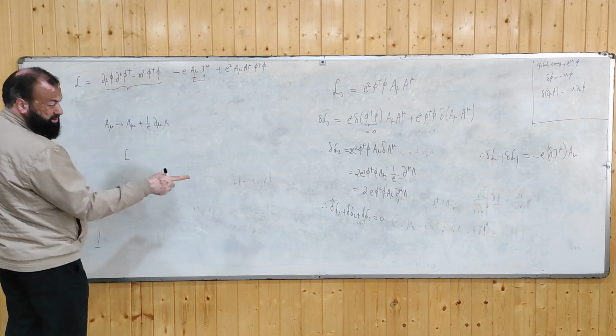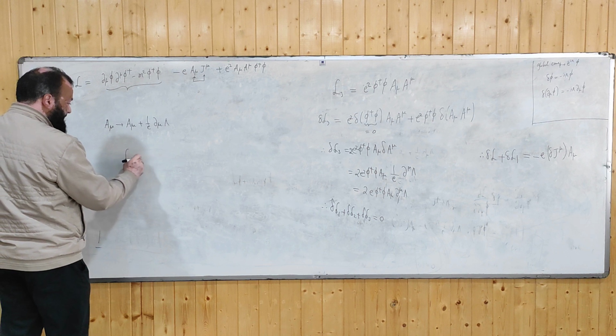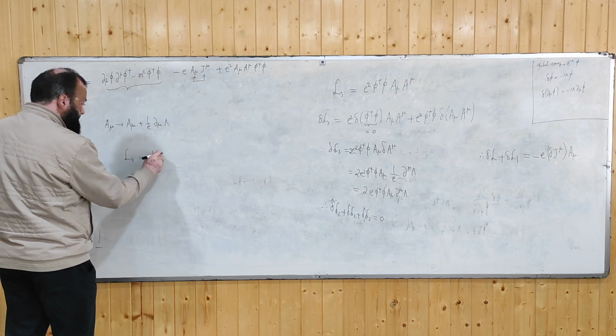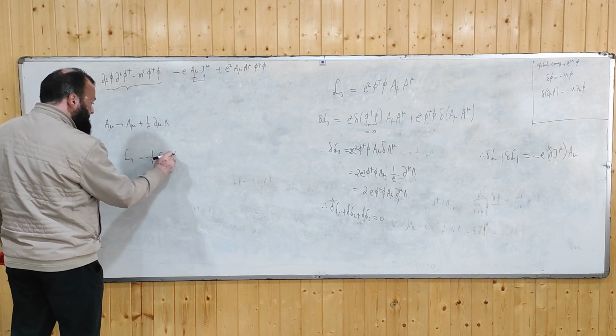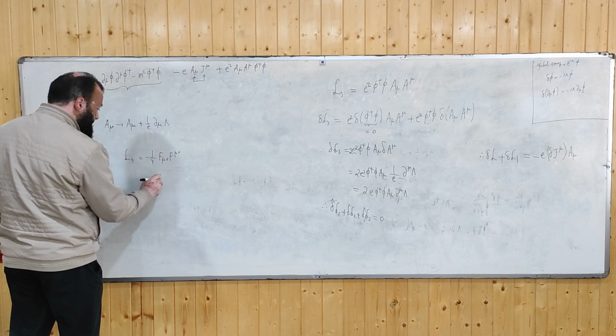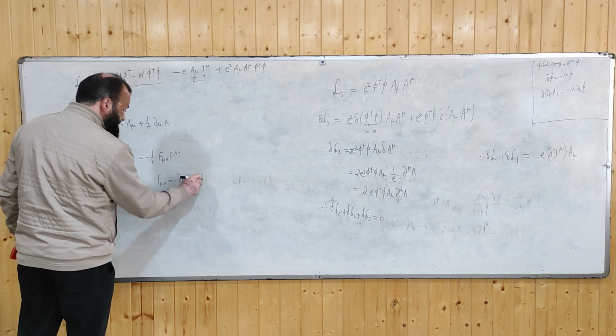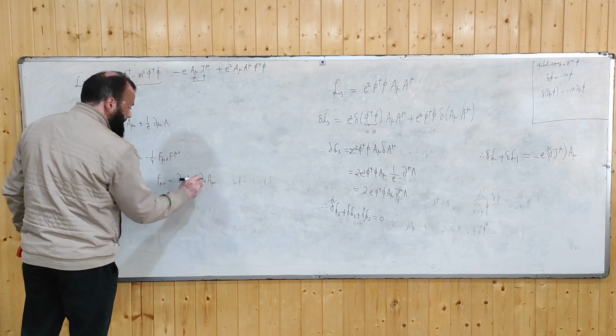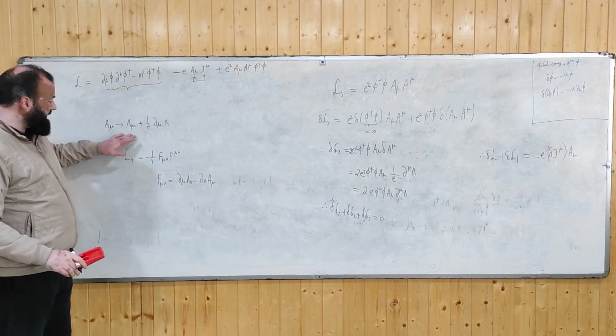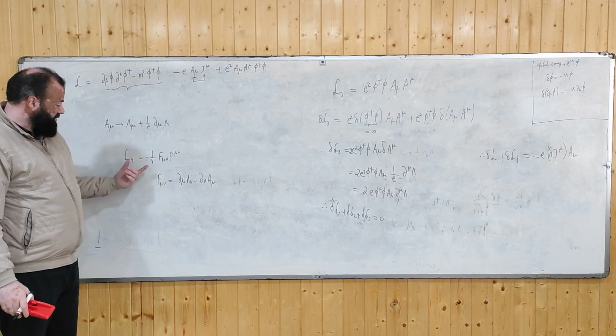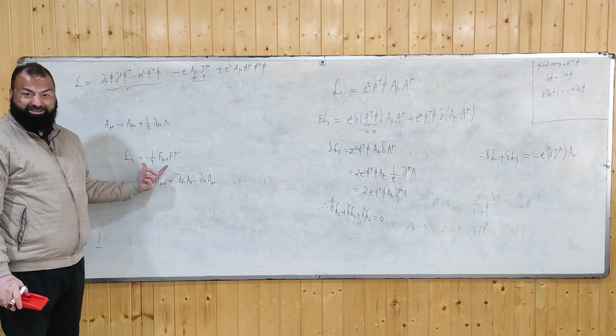So we have L3, so L4 I will write. This turns out to be this very object, where F mu nu is the 4-dimensional curl of the A field. If you take A in this way, you will see this is an invariant quantity.